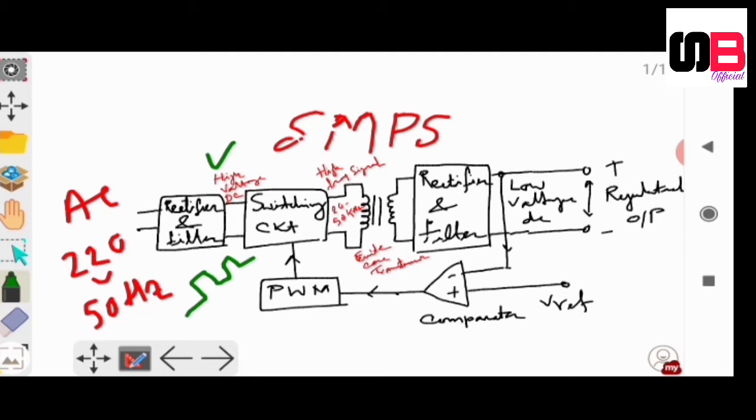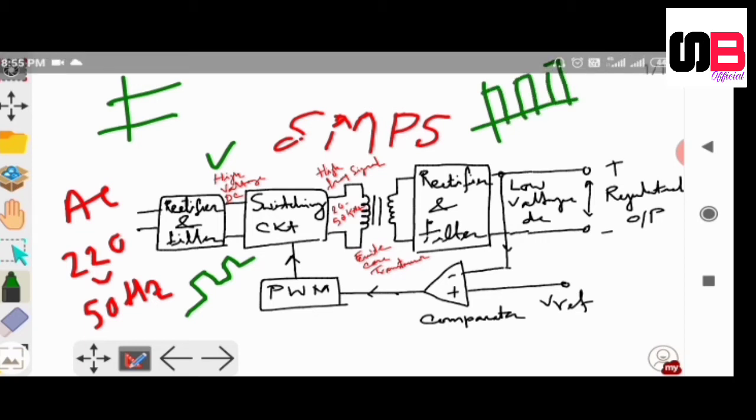So here at the input of the switching circuit we are giving a DC input signal, but at the end of the switching circuit we are getting these kinds of pulses whose frequency is 20 to 50 kilohertz.